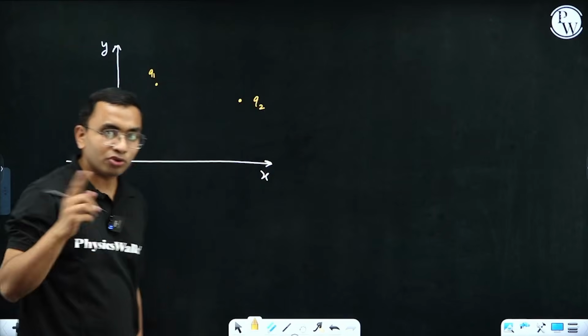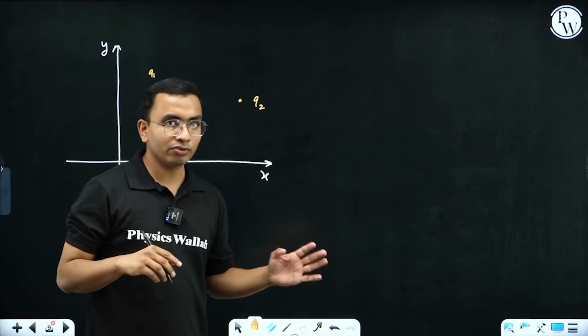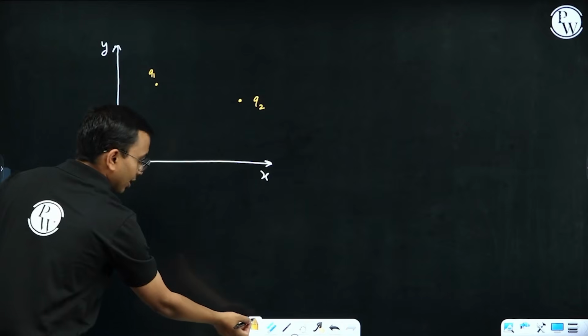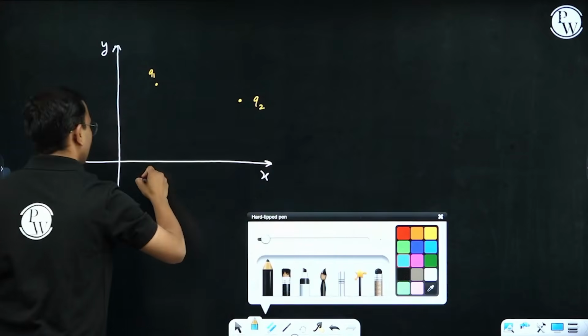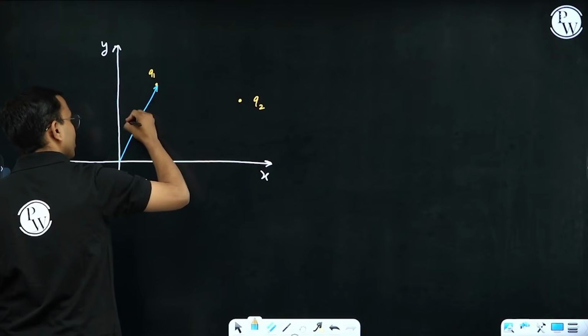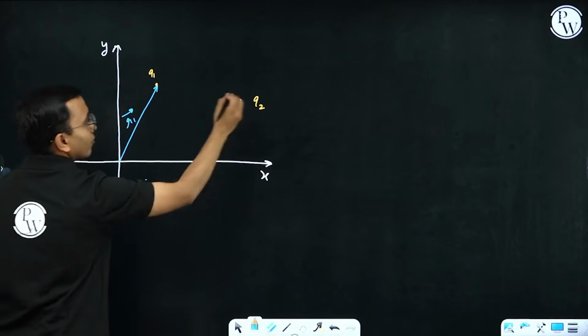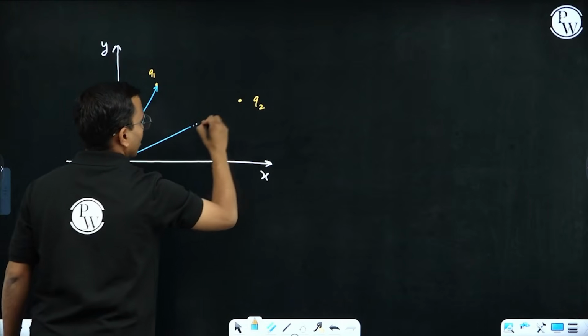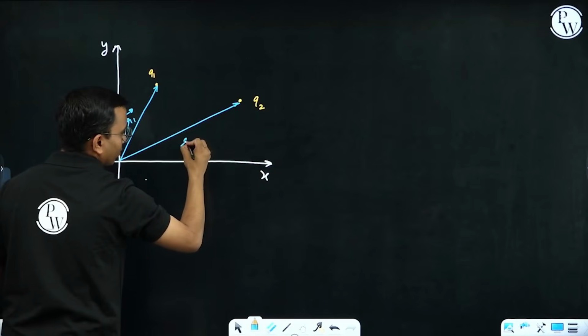Let us take the position vectors of q1 and q2 as r1 and r2. So the position vector of q1 is r1, and for q2 it is r2.